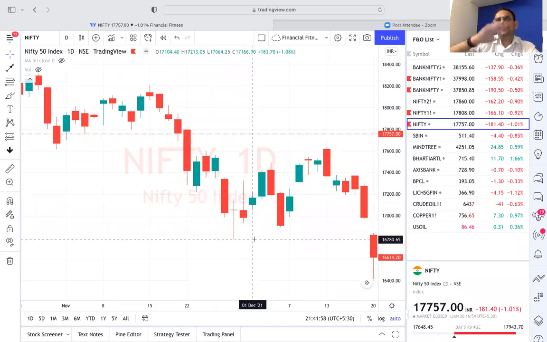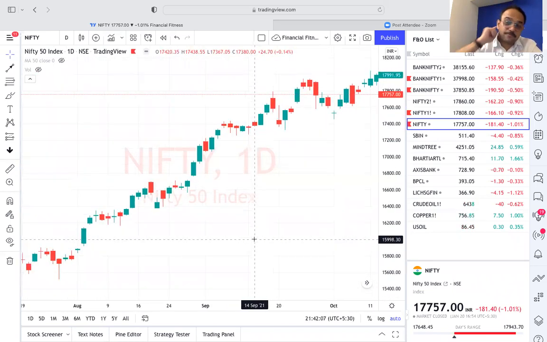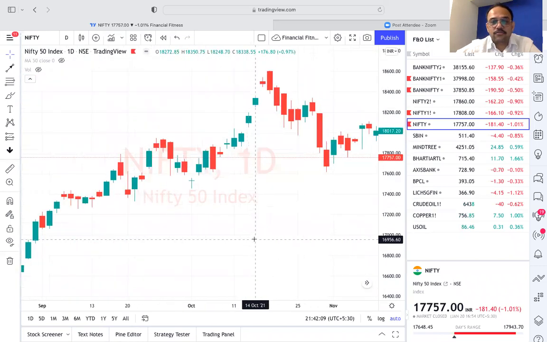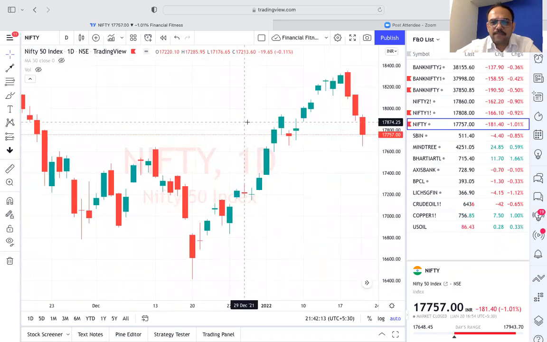This is a bearish pattern if it is forming at the top of the graph. And it is quite powerful. A doji at the top is pretty powerful that way, but it forms rarely.